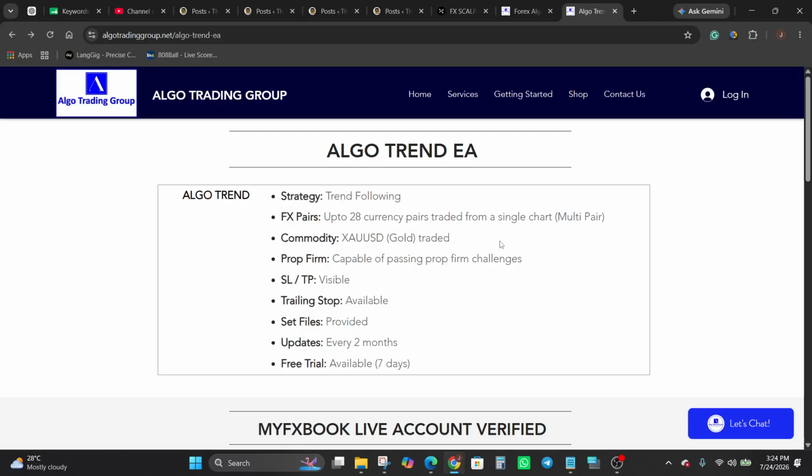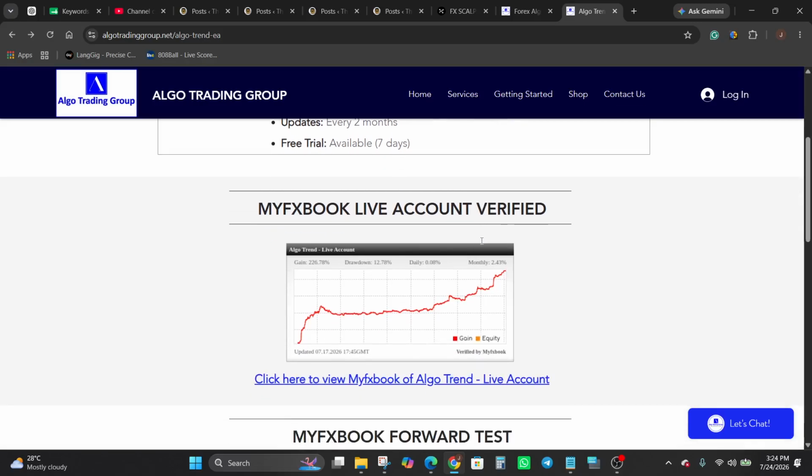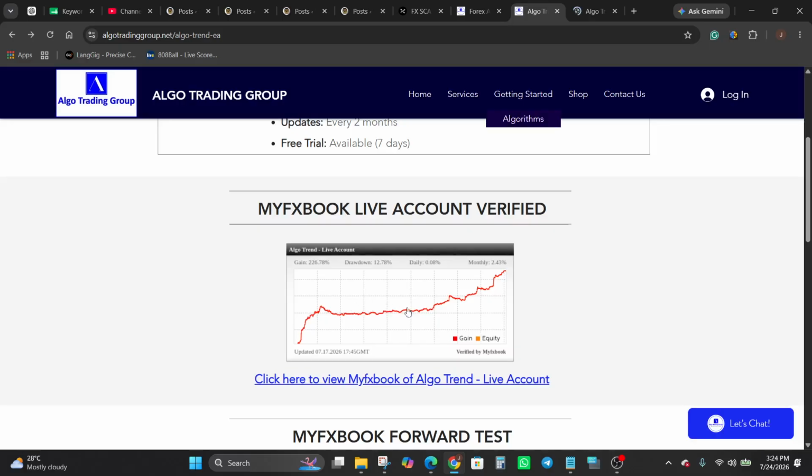Now, moving further, we can transition into the historical performance page, which links to a verified Myfxbook live account forward test. So looking at the Myfxbook widget and the performance chart, we can examine how the account has behaved historically.